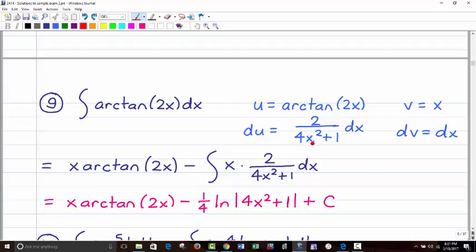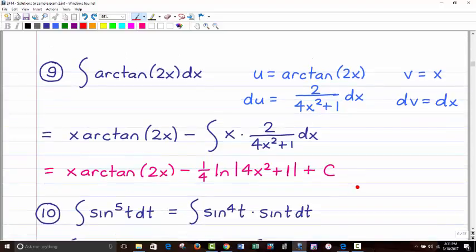So it'll be 2x all squared, 4x squared plus 1. dv equals dx. And then v would be x. So uv is right here, x arctan of 2x. And then we have v du, x times 2 over x squared plus 1.